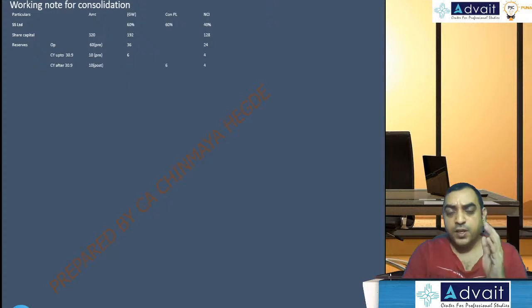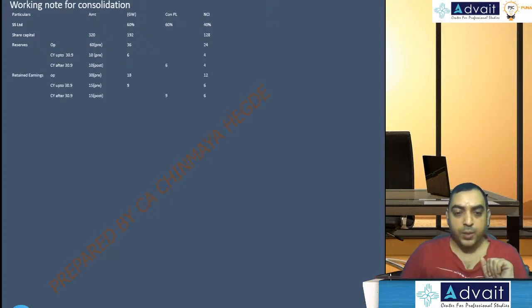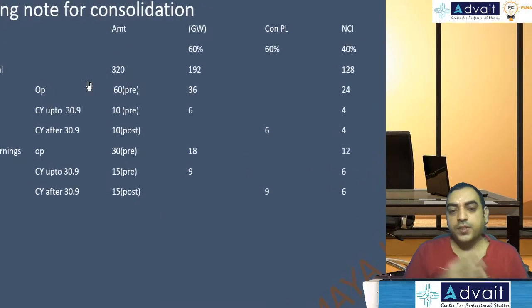Current year 10-10, first part is pre, second part is post, same thing with retained earnings. So I'm giving you the calculation directly. Please check and see if you are able to solve it. I'm doing a zoom, hopefully you can see the numbers as well. But if you write it on your own, you'll get better clarity.